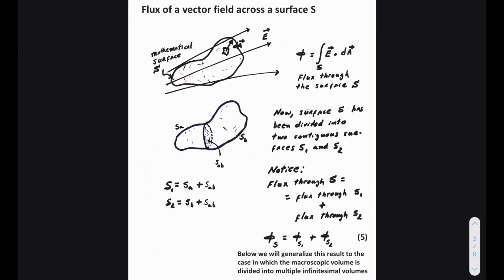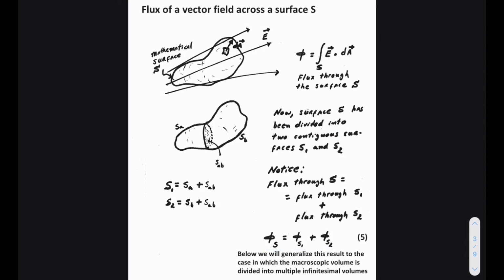Now we can define this whole closed surface into two closed surfaces S1 and S2, where S1 has this face SA plus this SAB, and S2 has the face SB and SAB. Now the total flux to this closed surface S should be simply the summation of the flux to the closed surface S1 and the flux to the closed surface S2. So phi S will be equal to phi S1 plus phi S2.